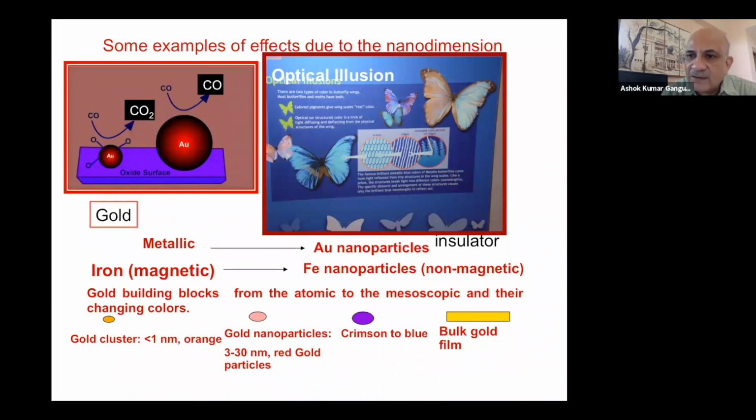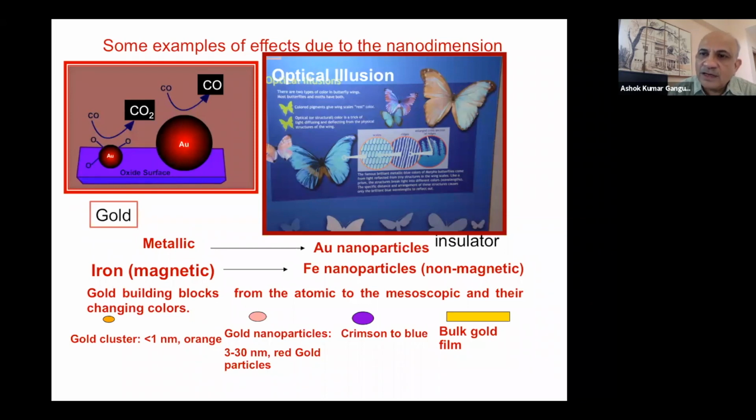It depends on the size of the holes and the periodicity of the holes, the array of the holes. How do I array one hole and the next hole? What is the difference in the distance? If it is 5 nanometers, I will get some color. If it is 10 nanometers or 1 nanometer, I will get a different color. So I can tune the color.